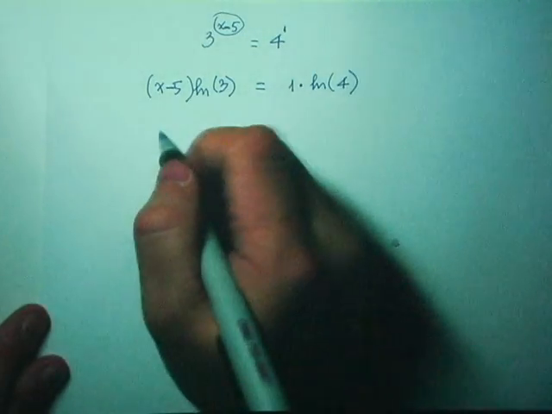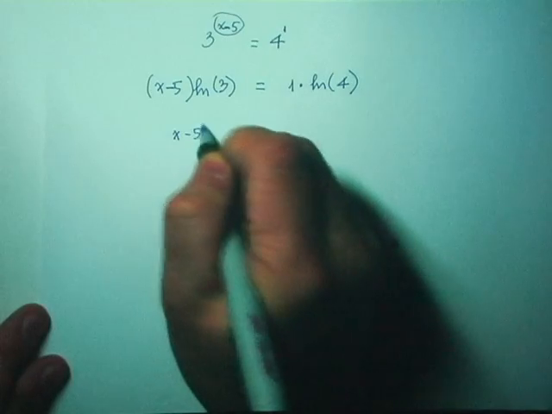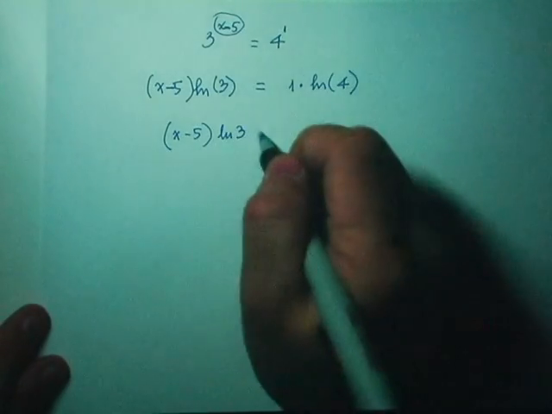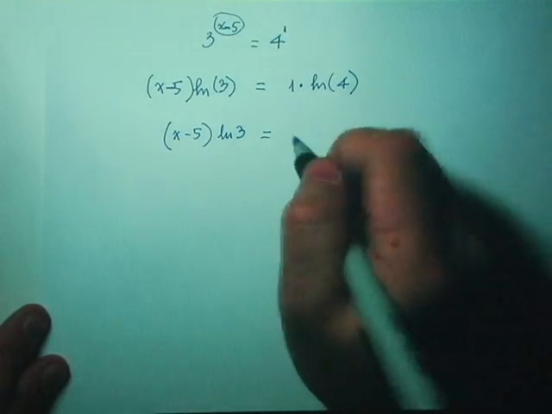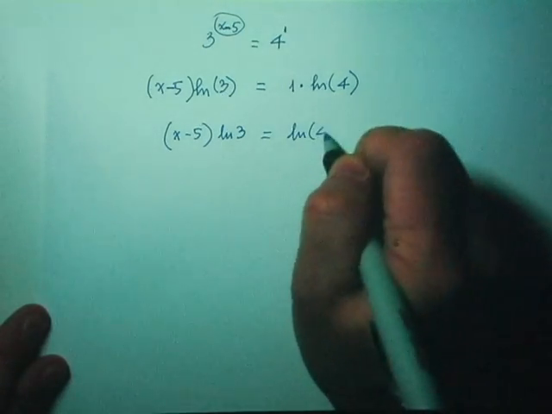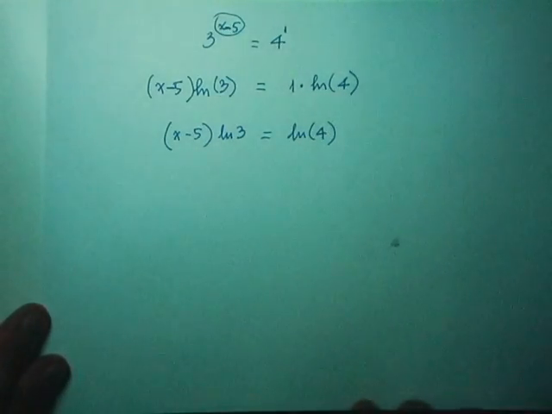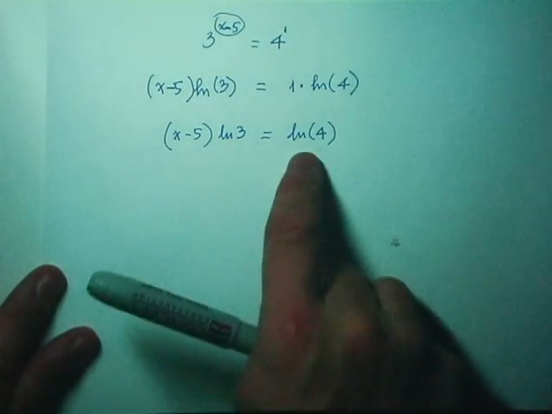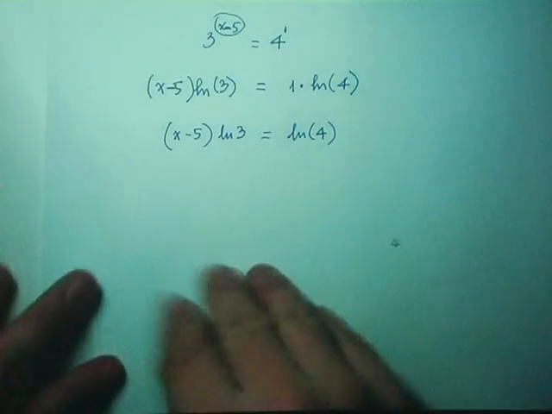So, cleaning it up a little bit, I have x minus 5 quantity times natural log of 3, whatever that number would be, equals 1 times natural log of 4, which is simply natural log of 4. Keeping in mind once again, natural log of 3 or natural log of 4, they are all existing numbers out there.